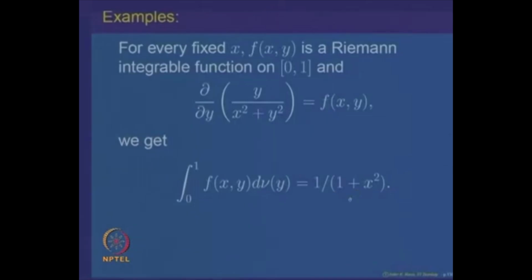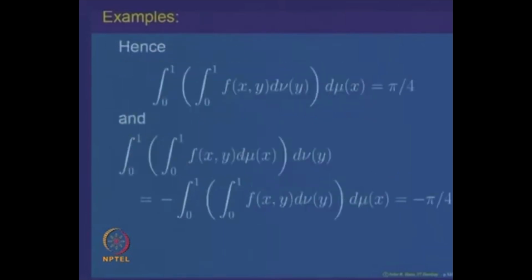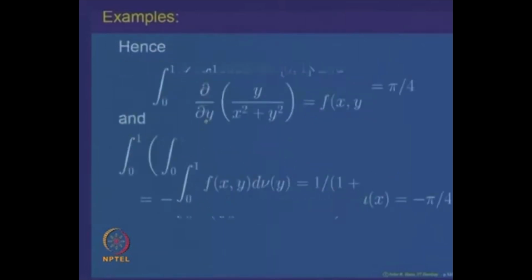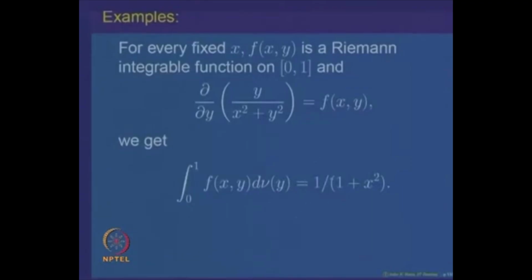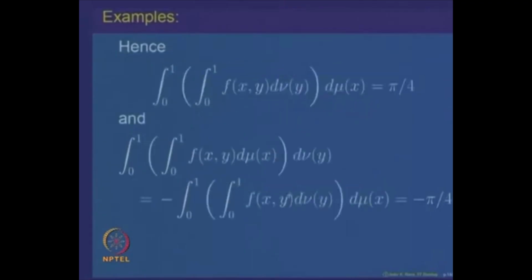And now we want to integrate with respect to x. We know how to integrate the function 1 over 1 plus x square by trigonometric substitutions. So, I leave it for you to verify that the integral of 1 over 1 plus x square between 0 and 1 is equal to pi by 4.